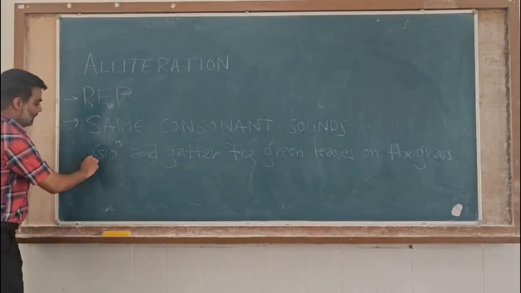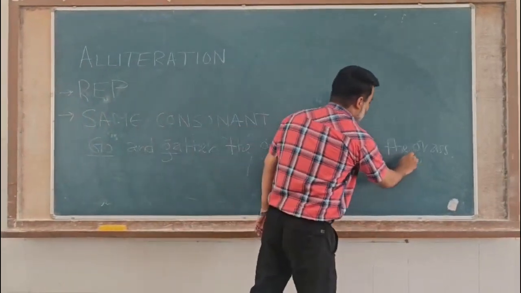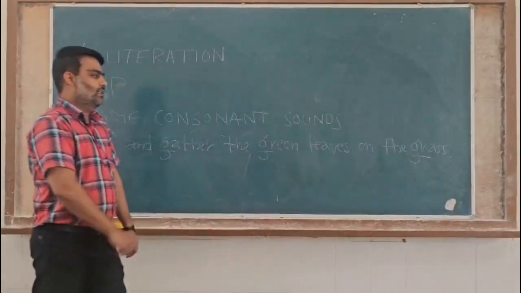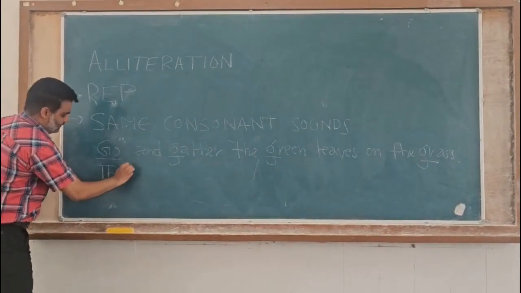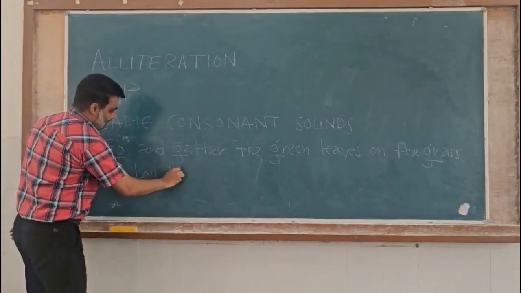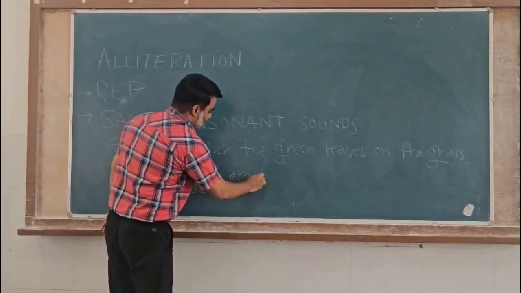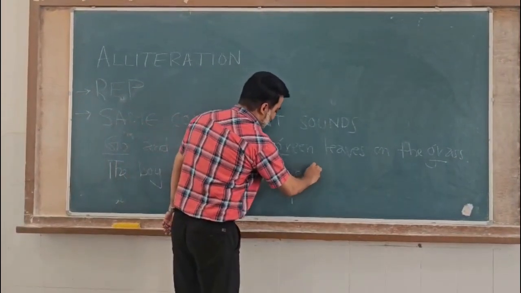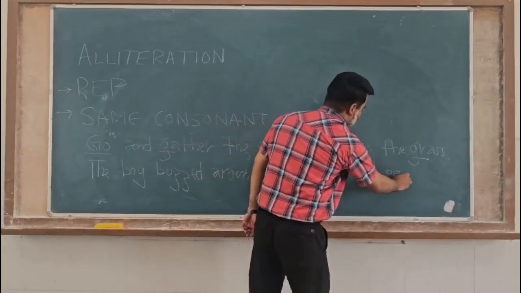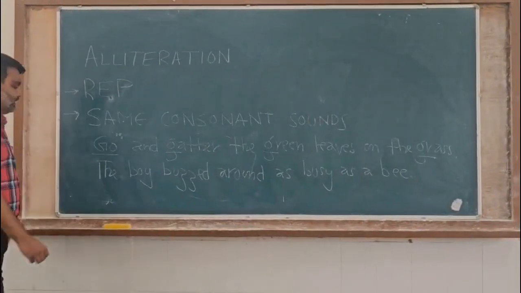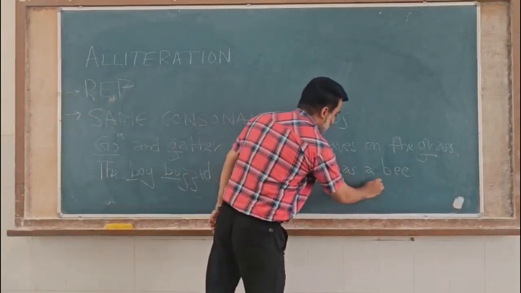So here we can see, go, gather, green, grass. Let's have a look at one more example. The boy buzzed around as busy as a bee. So here we can see the boy, buzzed, busy, bee.